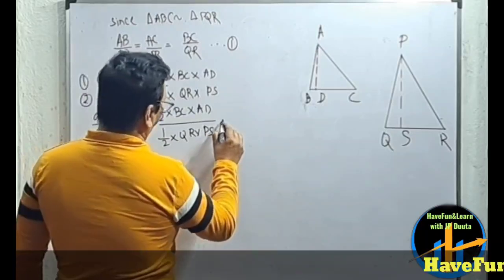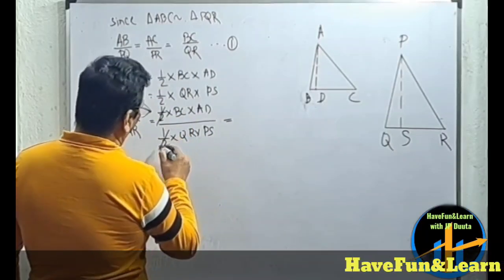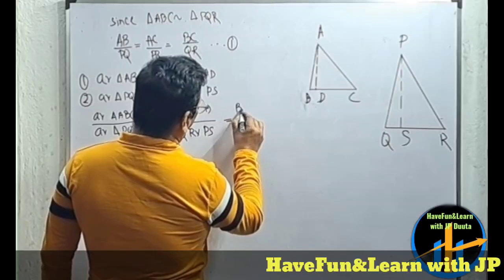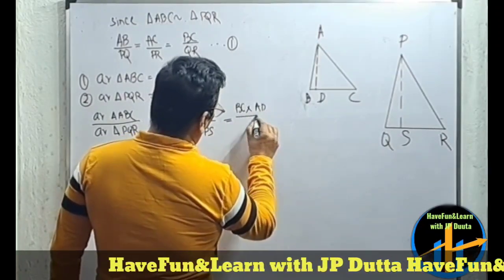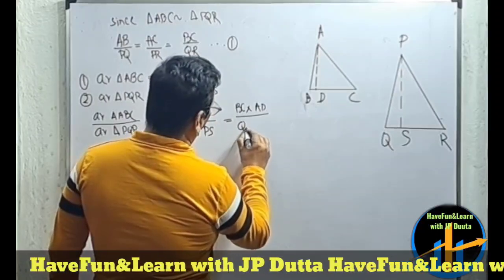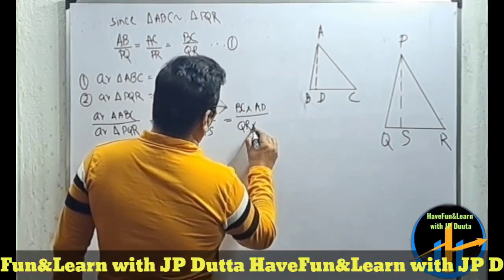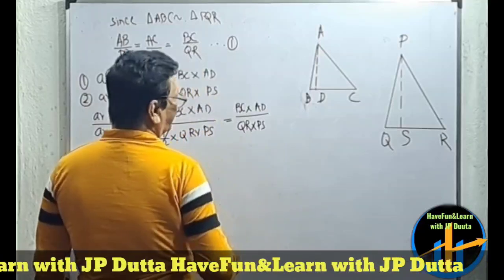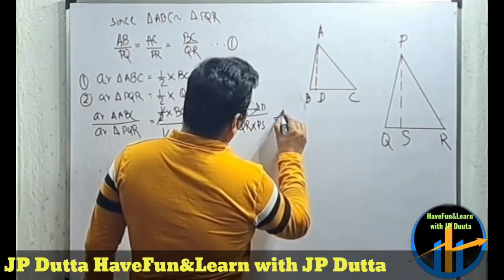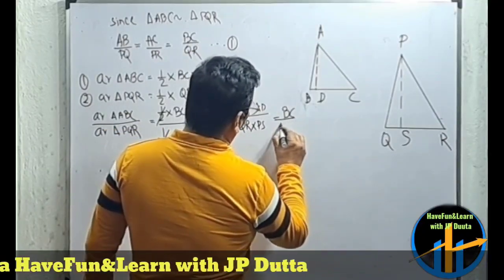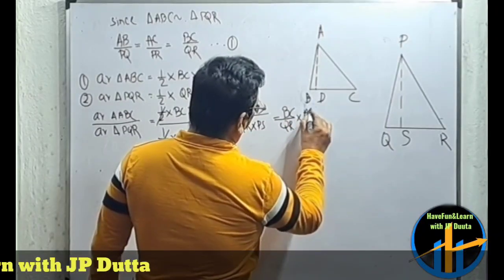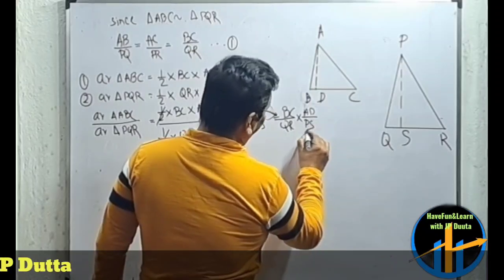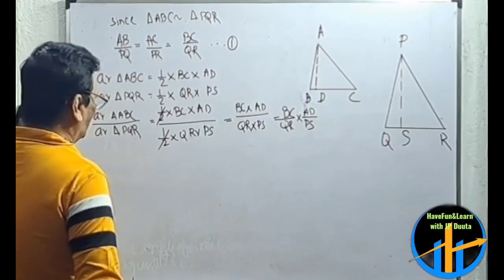Right? So from here we can write BC multiplied by AD divided by QR multiplied by PS, which we can write as BC divided by QR multiplied by AD by PS. Okay, so far so good.